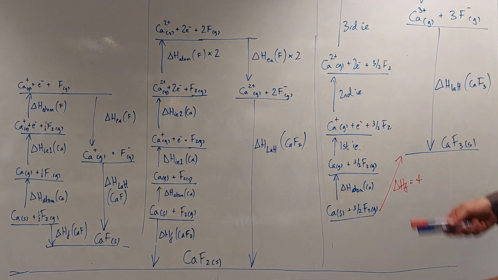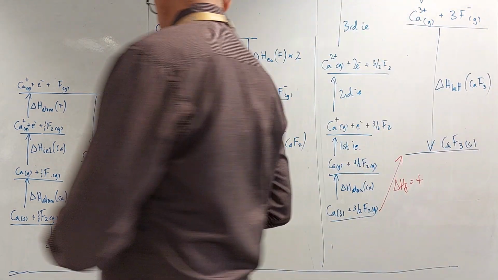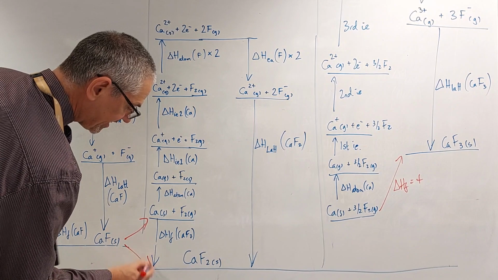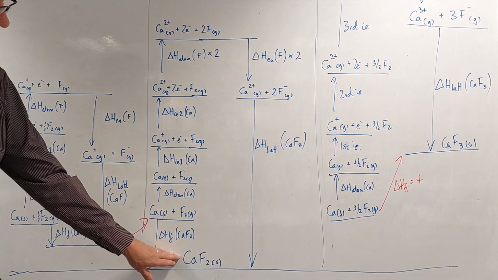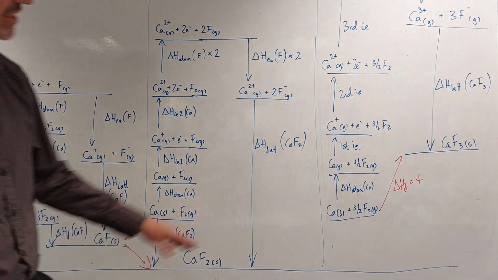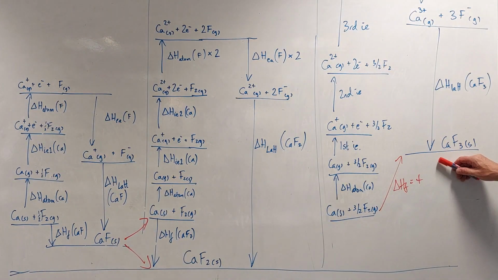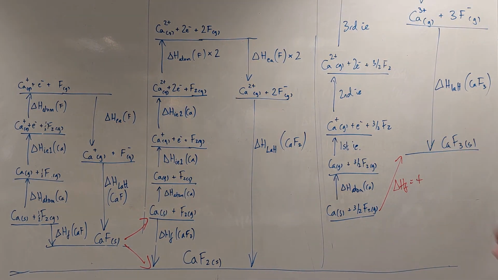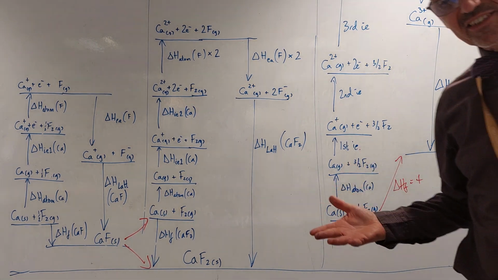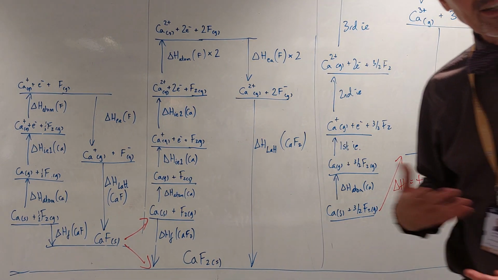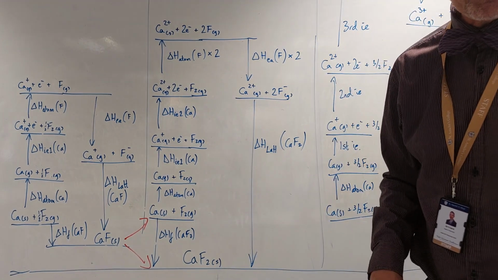So we can see that CaF is thermodynamically unstable with respect to CaF₂ and calcium, and CaF₃ is even harder to get to because the delta HF would be positive. We don't have enough energy to make it stable, and that explains in a very kind of roundabout thermodynamical way.